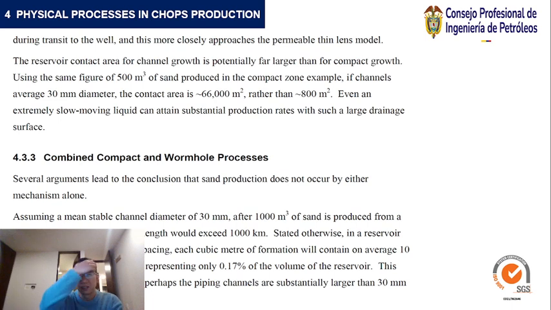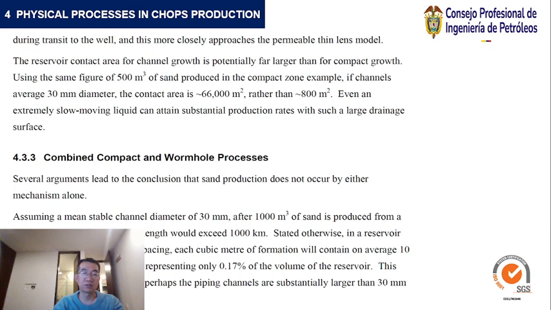Stated otherwise, in a reservoir 10 thick with 20 acre well spacing, each cubic meter of formation will contain on average 10 of 30 diameter channels, occupying only 1.17% of the volume of the reservoir.